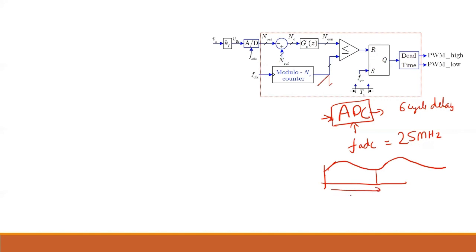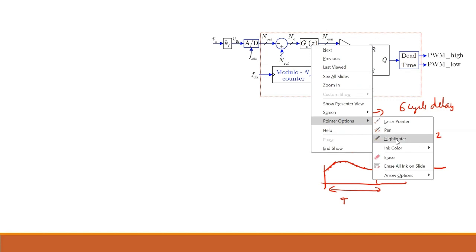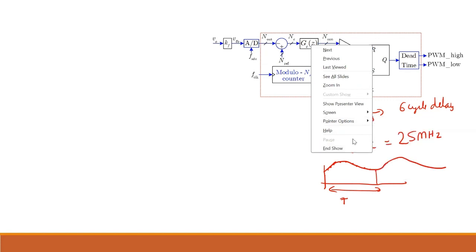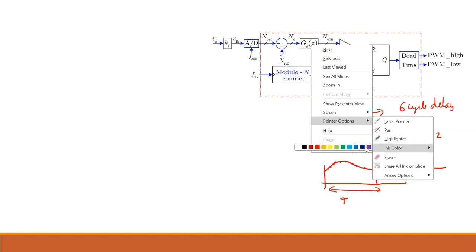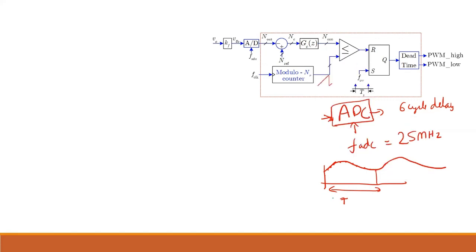My ADC is continuously taking samples at 25 megahertz. So this is one sample, this is one sample, this is one sample. Now, which sample will I choose for my computation?